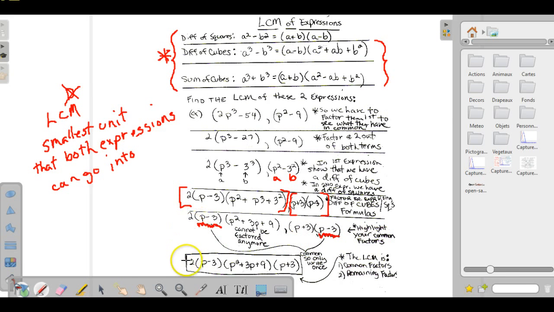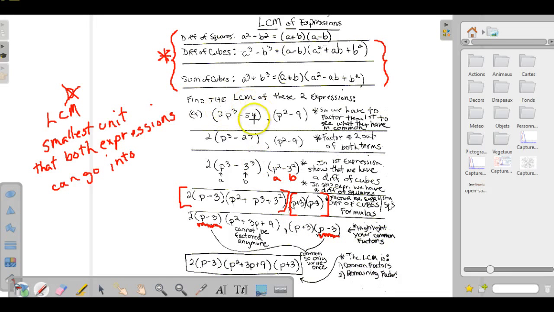So I just started writing the 2, the p minus 3, the p squared plus 3p plus 9, the p plus 3, and then I stopped because we're not going to rewrite this again. So this is our least common multiple for these two.